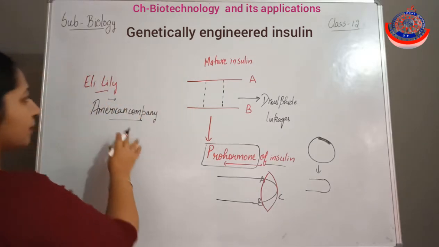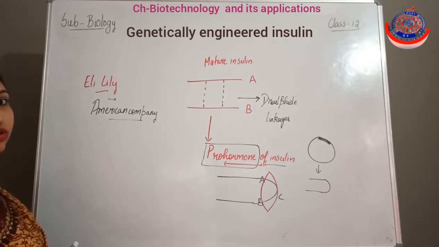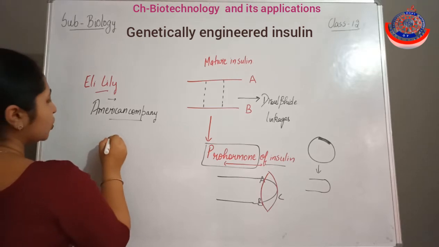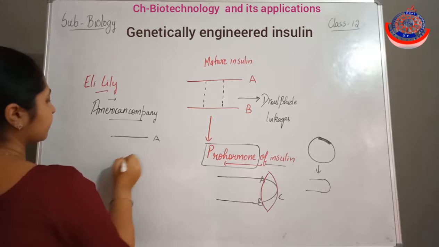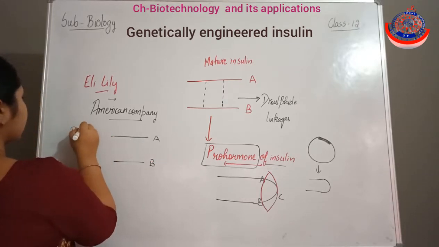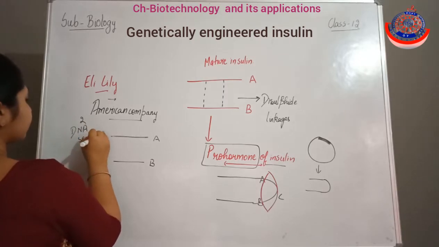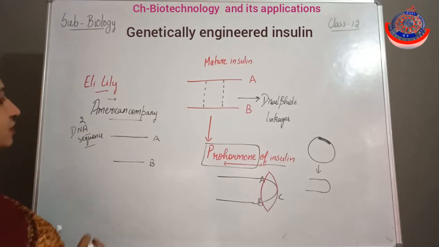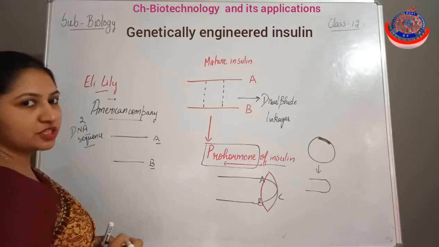So the Eli Lilly company, an American company, had the solution for that. They prepared two DNA sequences which code for A as well as for B, containing the genes for producing the A chain and the B chain.